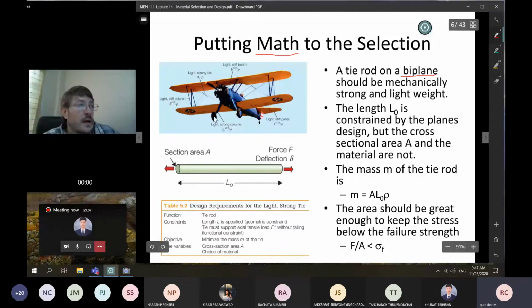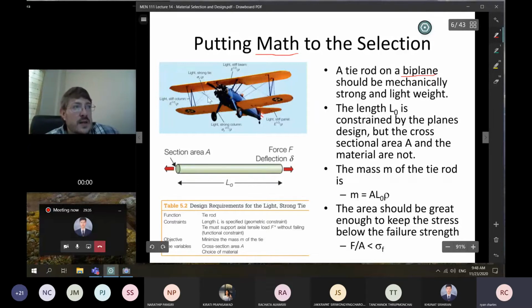All right. We have things like columns, right, and little tie rods here and stuff like that, and beams. A tie rod, right, a tie rod here, which is pulling these two wings together to help stiffen the structure. It should be mechanically strong, and like everything on a plane like this, it should be light. So we want something that is strong and light.